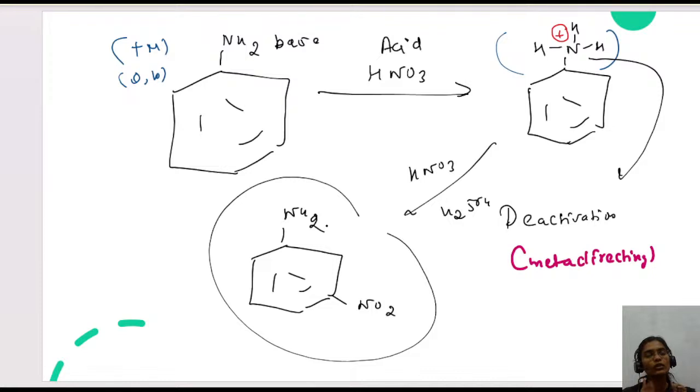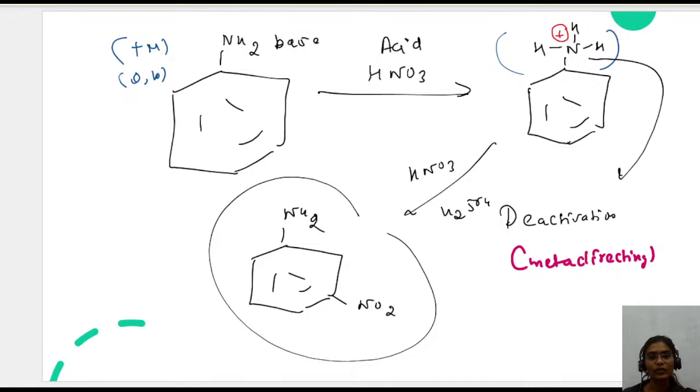I'm repeating my explanation one more time. In aniline, HNO3 is there. It combines with the nitrogen lone pair, forms the ammonium ion, and behaves like a deactivating group, a meta-directing group, and that's why the nitration occurs at the meta position.